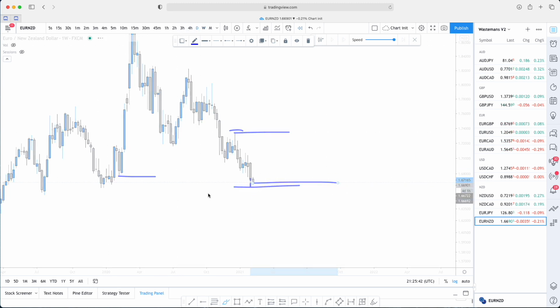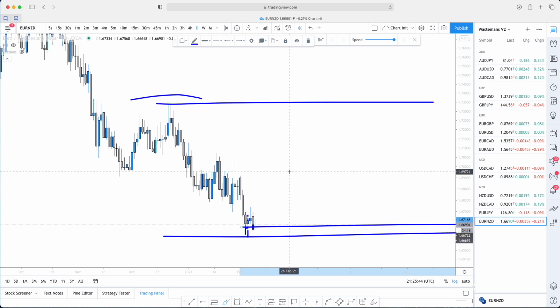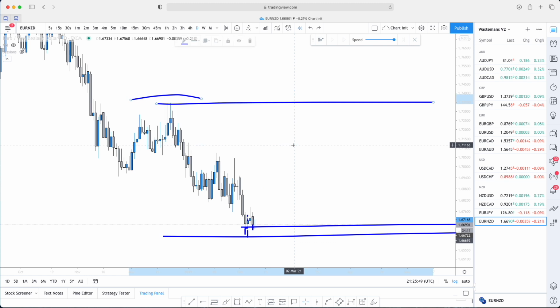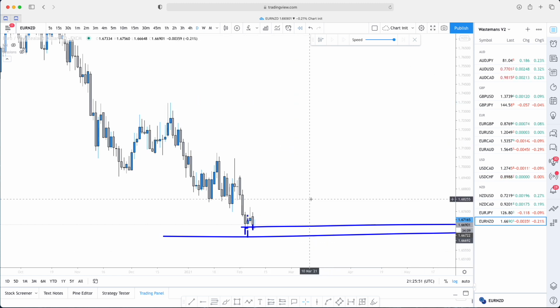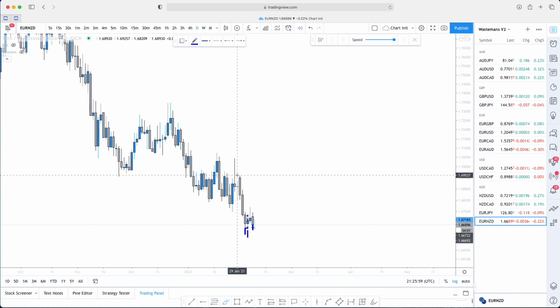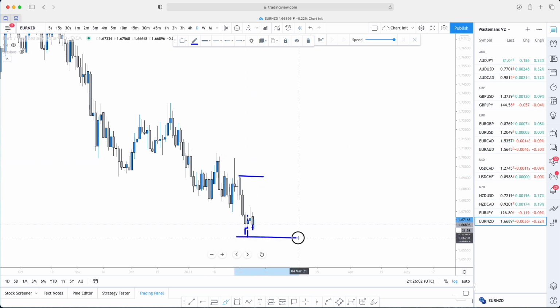On the daily, our range is going to be from this high to that low that's formed.